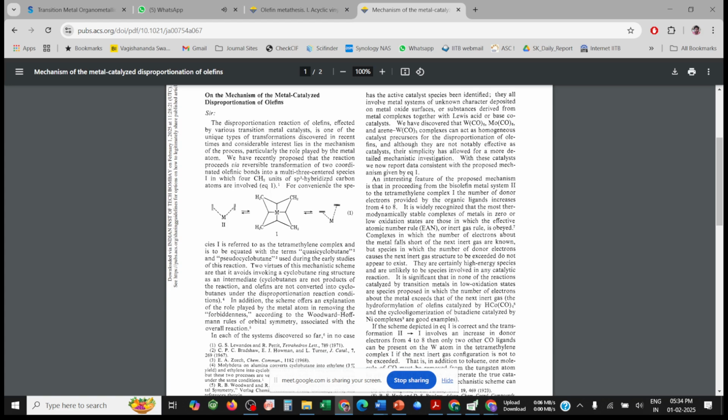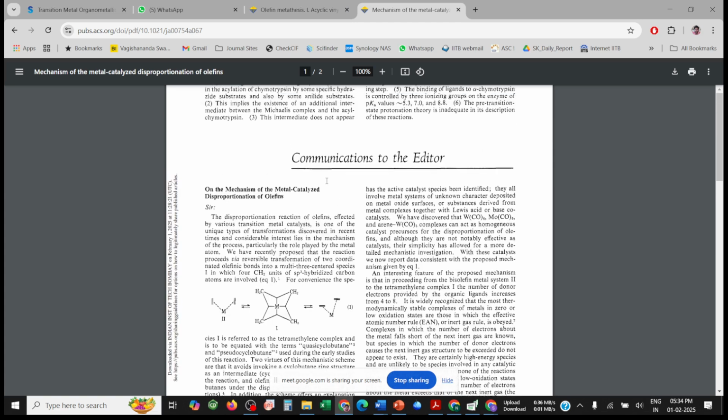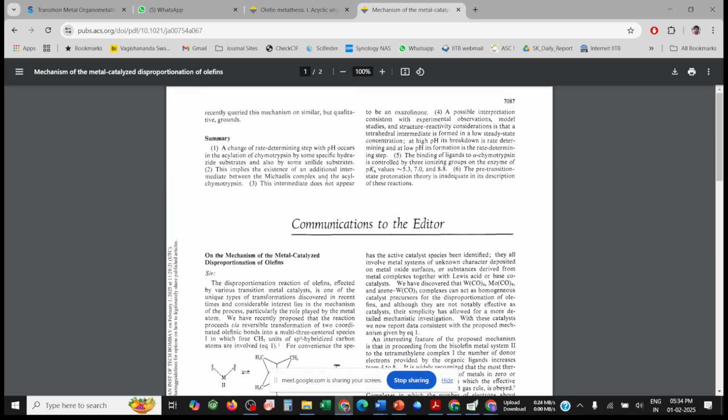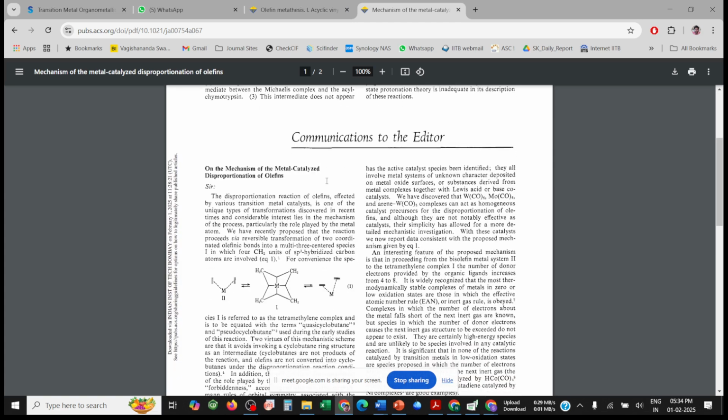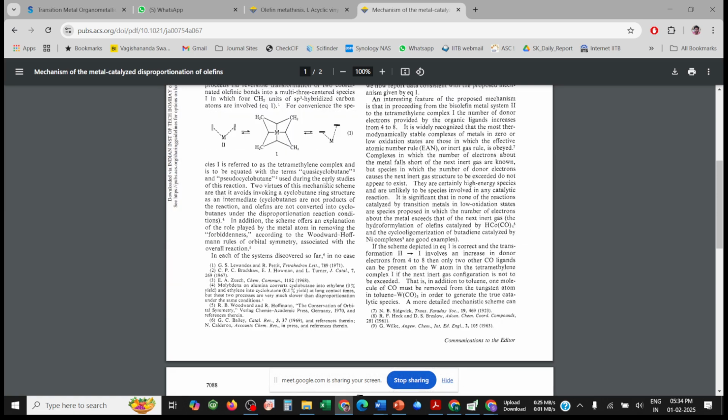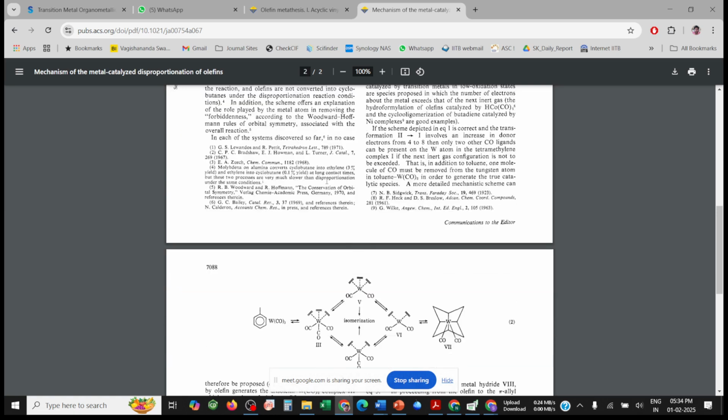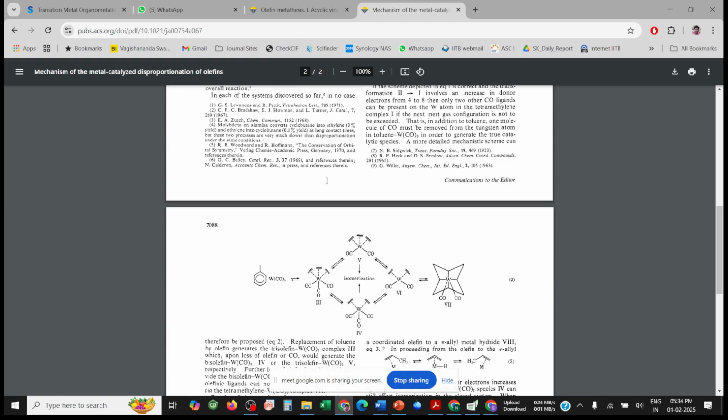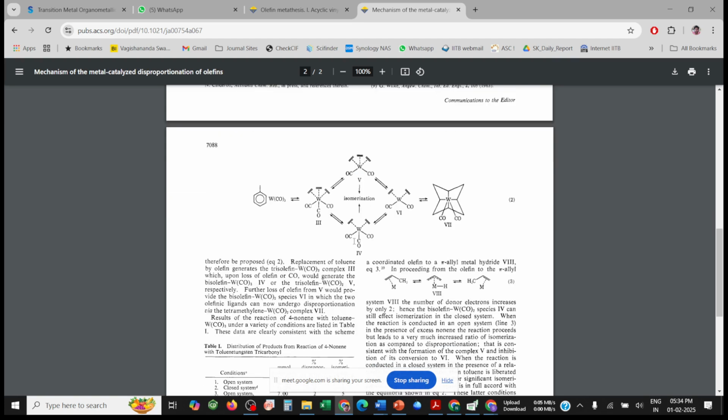So here you can see that Petit had hypothesized the formation of this type of intermediate through this reaction.